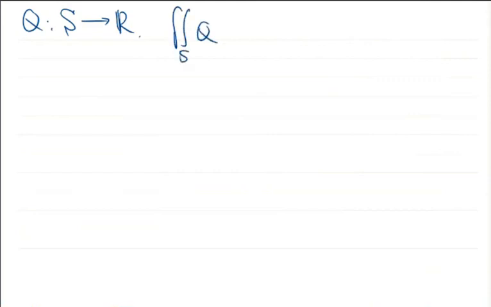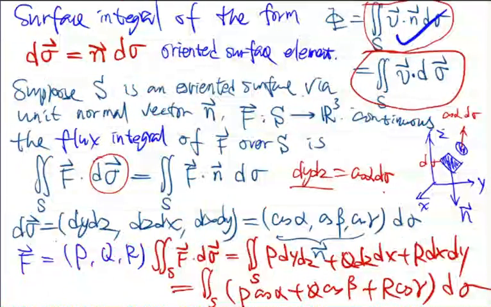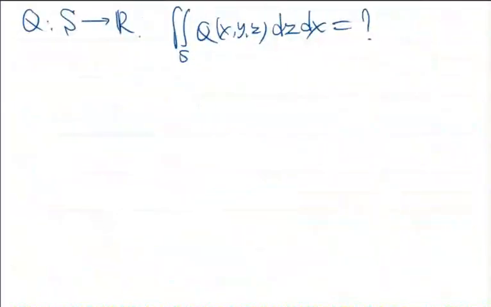We sometimes also encounter integrals of this form, where Q is a real valued function defined over a surface. What is this? Compare this integral with our previous component form of the flux integral.